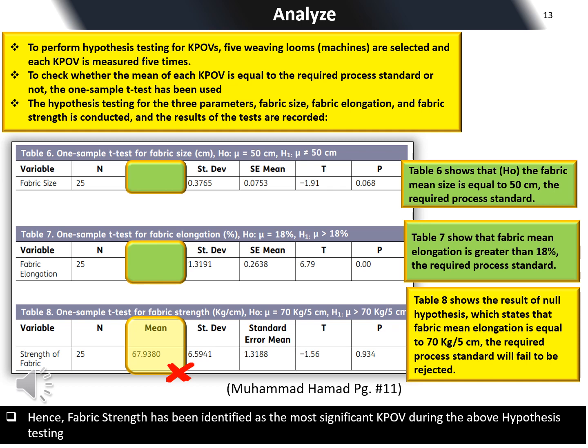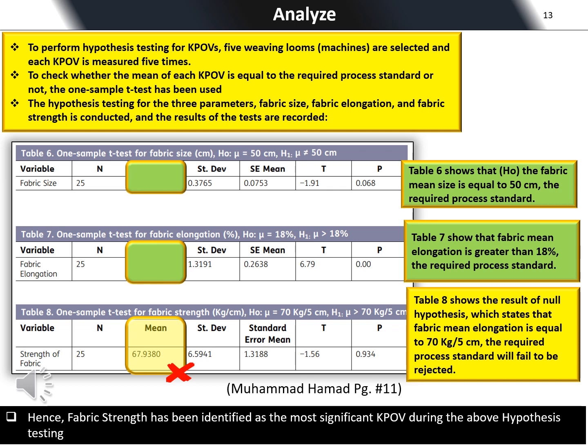The hypothesis testing for the 3 parameters, fabric size, fabric elongation, and fabric strength, is conducted and the results of the test are recorded. Table 6 shows that H0, the fabric mean size, is equal to 50 centimeters, the required process standard. Table 7 shows that fabric mean elongation is greater than 18%, the required process standard.